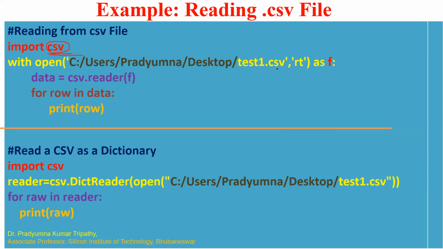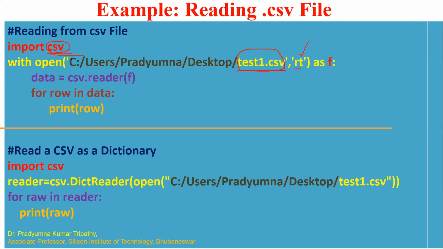Then I open the file test1.csv, which is nothing but the name of the file. I want to open this file for read purpose, and this file is a text file, so I have written T. Whether you write T or not, it is default, that means text mode. If I write B, that means binary mode.